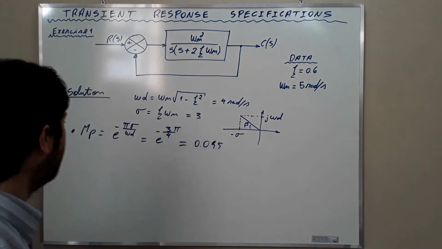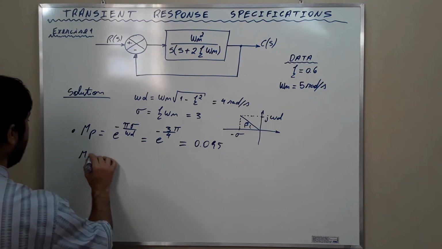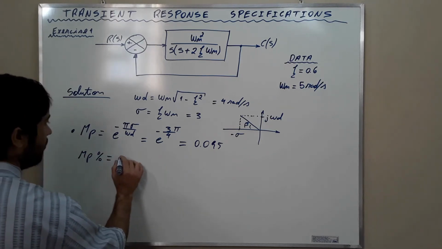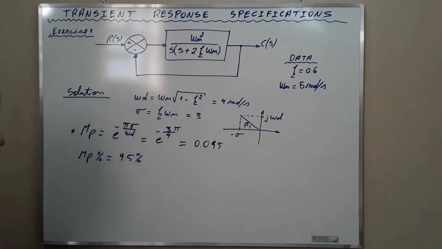Or, if you prefer, this in percentage, Mp in percent is equal to 9.5%. Okay? This is the maximum overshoot.